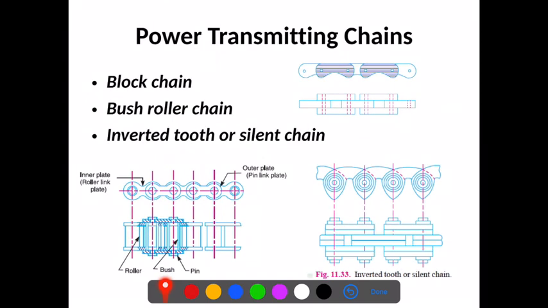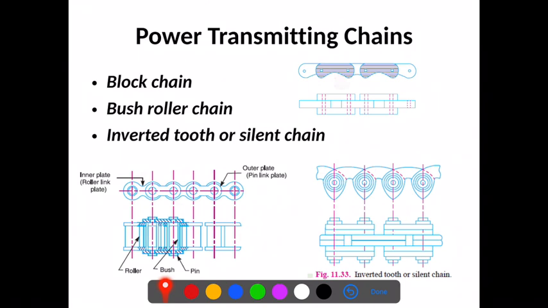The next type of chains which we are going to see is called a power transmitting chain. The first type is called a block chain. The geometry is like this, and these block chains are the very early type of chains, from the early development of power transmission through chain drives.